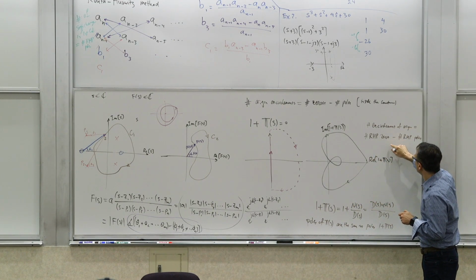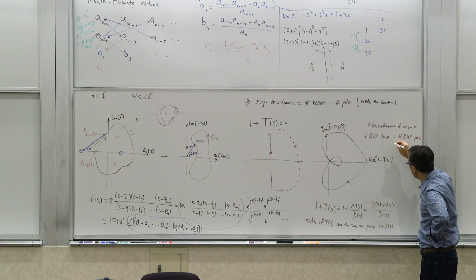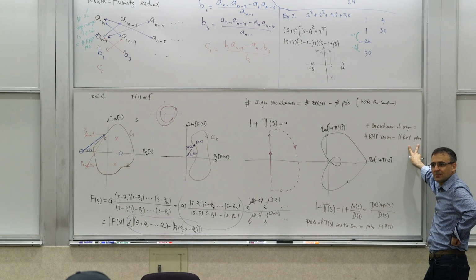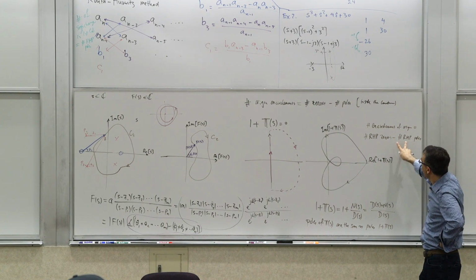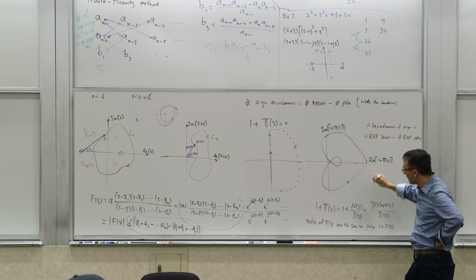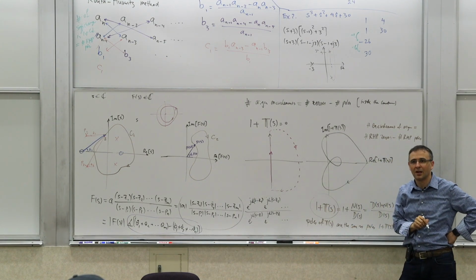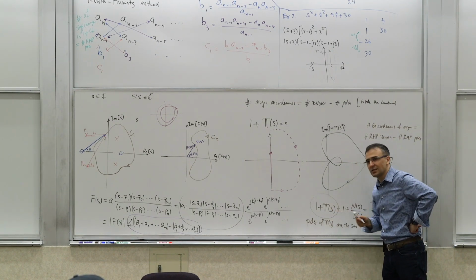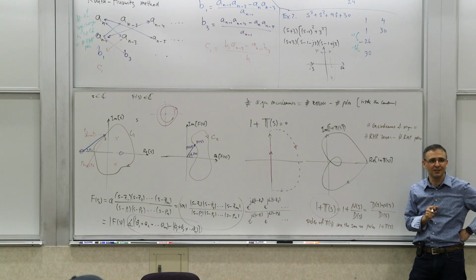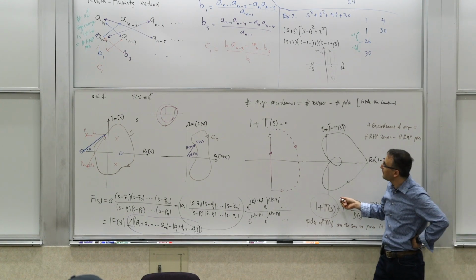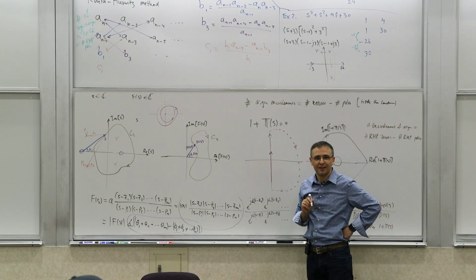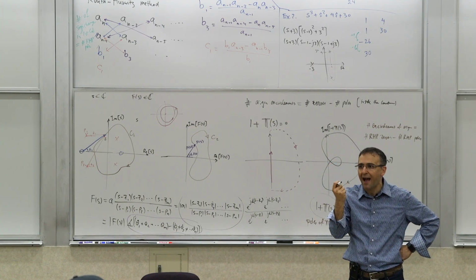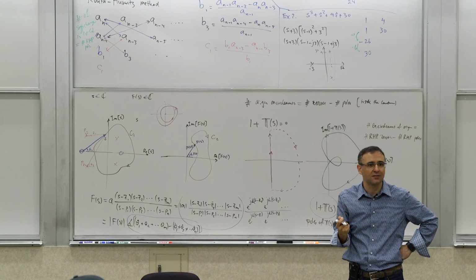Now if you don't have any right half plane poles, simply what we get is the number of right half plane zeros of this quantity, right? But that's what we are looking for. We are trying to find the roots of this quantity. So the number of right half plane zeros is the number of right half plane roots of that 1 plus T of s.